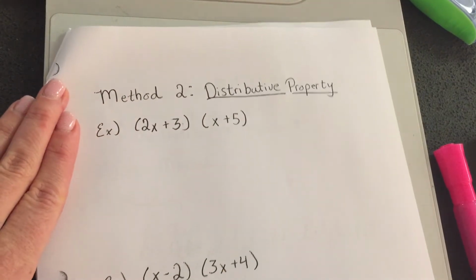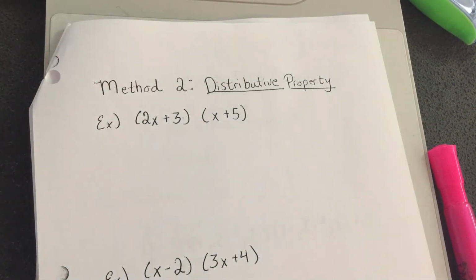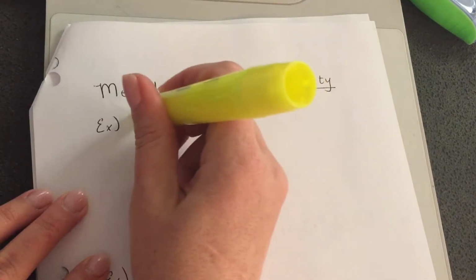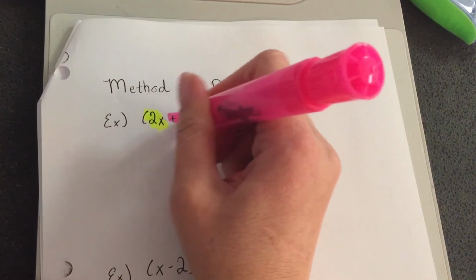Method 2. If you prefer the distributive property, that is fine. I'm going to highlight to show how I'm actually distributing this across. If you like the FOIL method, that's okay also. I'm going to highlight this 2x and plus 3.